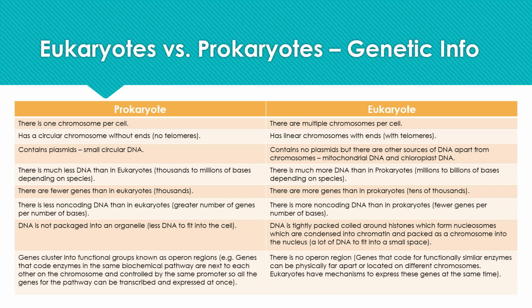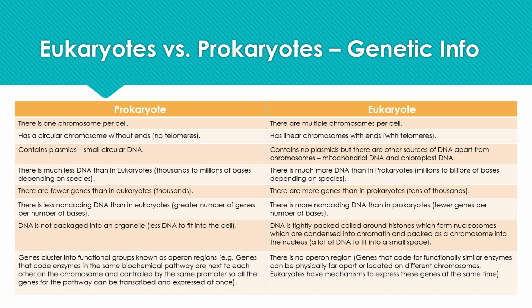Because they're all near each other, they can have a regulatory region right near those genes that will control all of them as one. So if it's switched off, they're all switched off. If it's switched on, they're all switched on, and that's good because their protein products will work together.